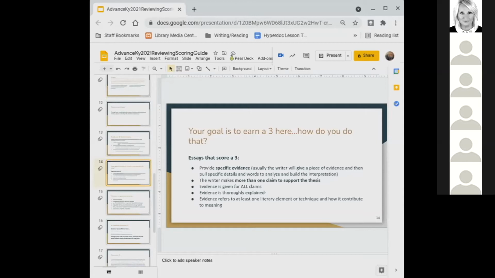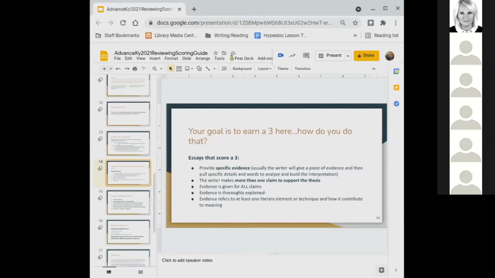Okay, so we're going to move on to this next bullet. The writer makes more than one claim to support the thesis. You can't just claim, for example, in prose, that the setting does this one job, and that's how it contributes to the meaning. That's only one claim.